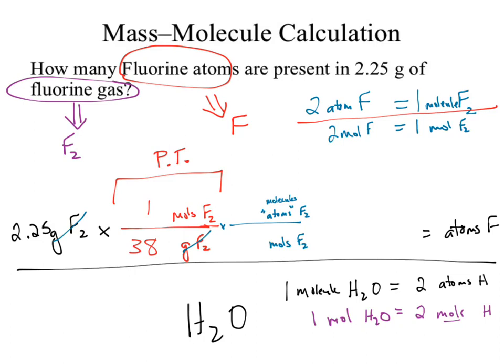So I could put in my conversion factor, which is 6.022 times 10 to the 23rd molecules of F2. I love that number. It just rolls right off the tongue, right? What's underneath? 1 mole of F2. Where do I find that?